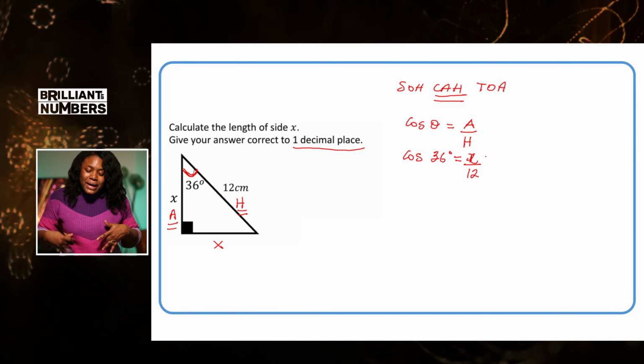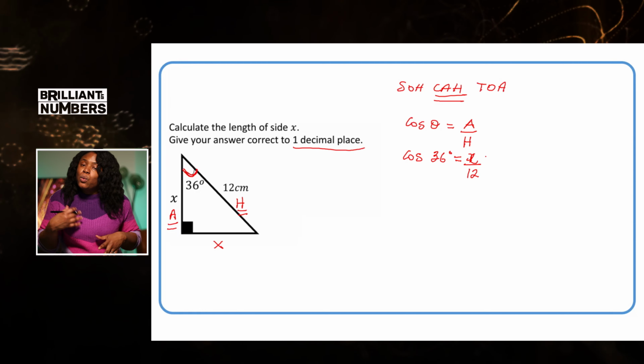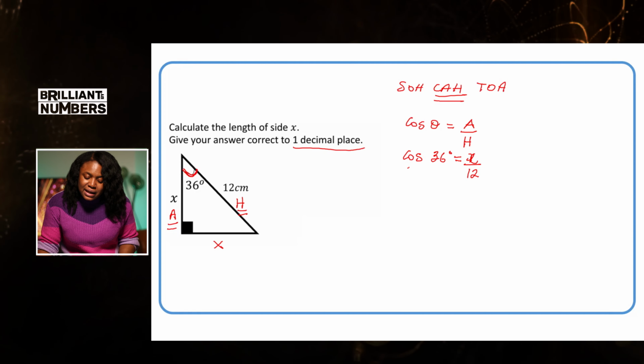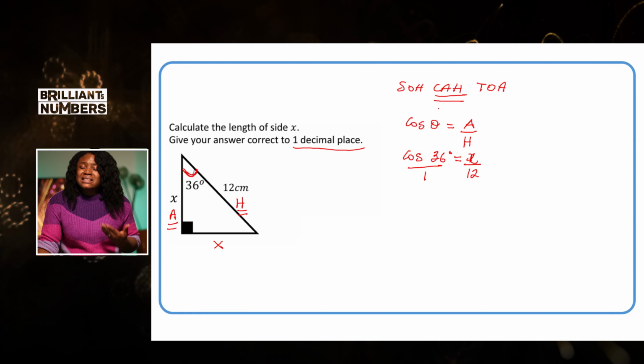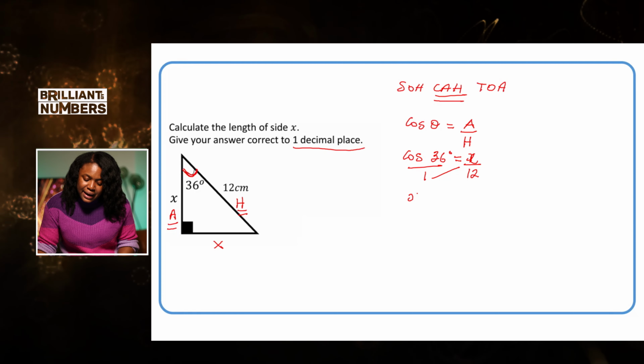Now remember, when the variable is in the numerator, I am multiplying. However, to avoid that confusion, I could just put this side over 1, and then I'll see I'm cross multiplying. So 1 times X gives me X.